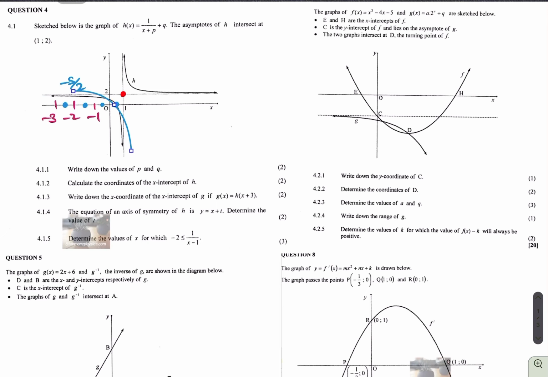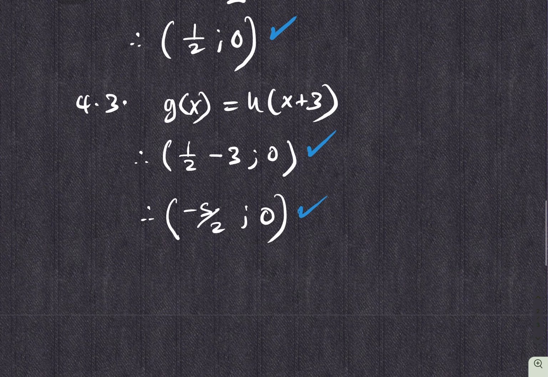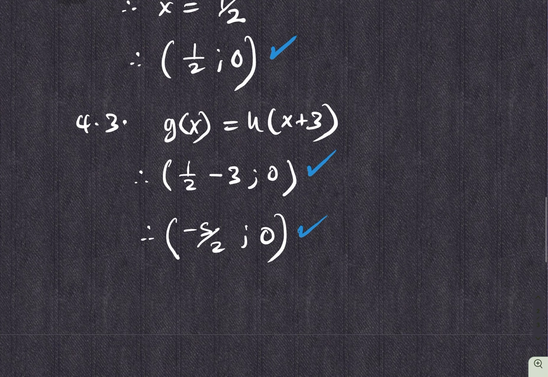It was primarily here. It moved to the left 3 units in that way. So you're going to have the x coordinate there at negative 2.5, which is primarily negative 5 over 2. And that is what we are having here as a point. So you can just write the point. They are still going to give you 3 marks for that.